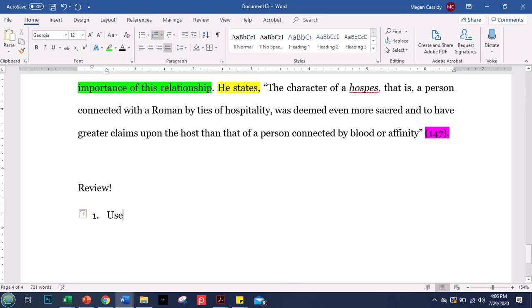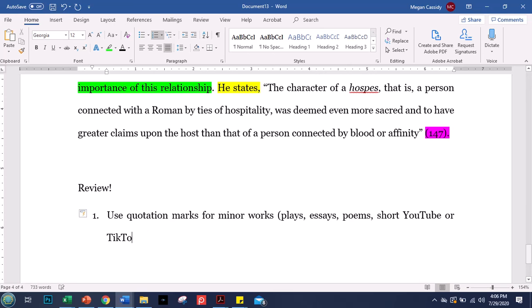Number 1, use quotation marks for minor works like plays, essays, poems, short YouTube or TikTok or whatever is in fashion when I'm writing this, videos, pages of websites, articles, etc. Use italics for major works.